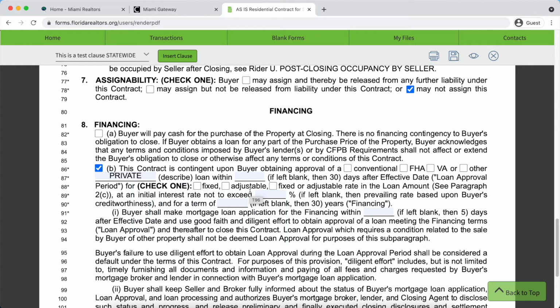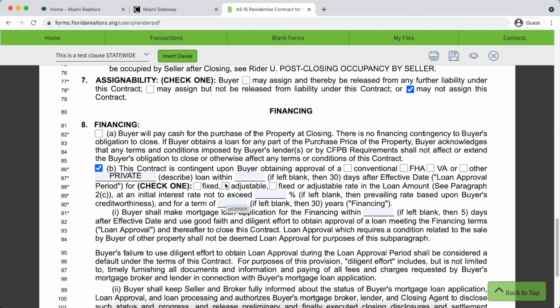So you want to make sure you're on top of that. And if you're getting close to that commitment period and you're a couple days away and the lender's telling you, hey, I need another week, you better go in and request an extension to the commitment period just to make sure that you're covered and you're covering that contingency and making sure that your client is covered for that, okay?